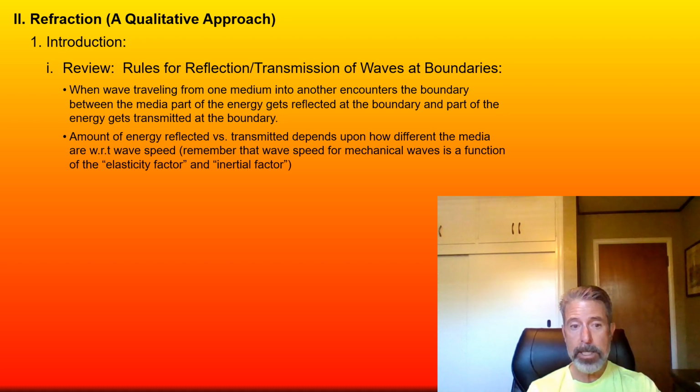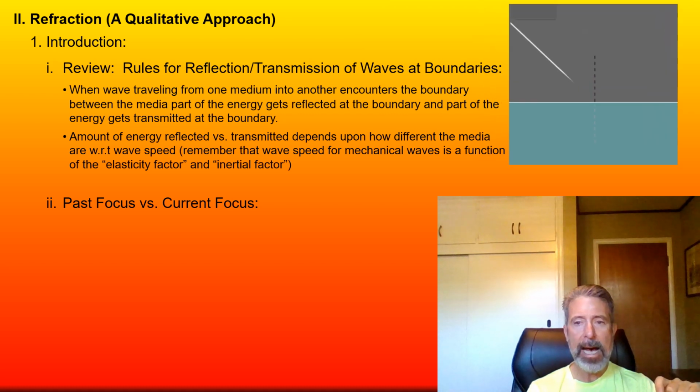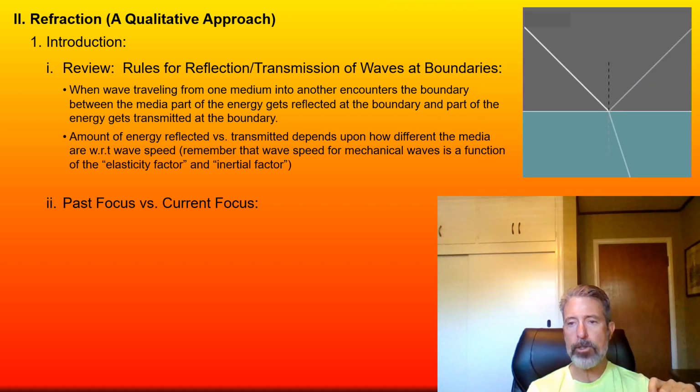And remember, we said that the wave speed depends upon two factors: the elasticity of the medium, right? The speed of the wave is directly proportional to this elastic factor and inversely proportional to this inertial factor, which is typically measured by the density of the media. So last time we looked at, and you see here in the simulation, that when the wave comes in and encounters the boundary, some of that energy gets reflected here.